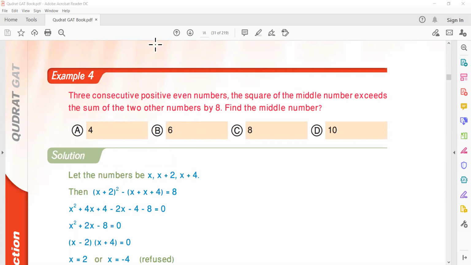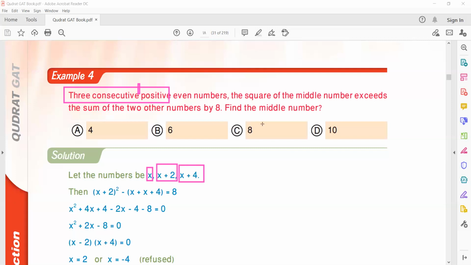He said 3 consecutive positive, so I have 3 numbers. The first number is x. The second number is x plus 2. The third number is what? X plus 4, right? Because he said consecutive, positive, even numbers.